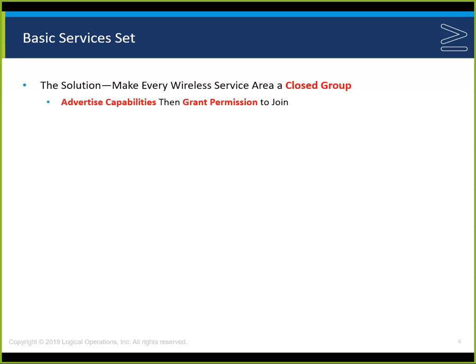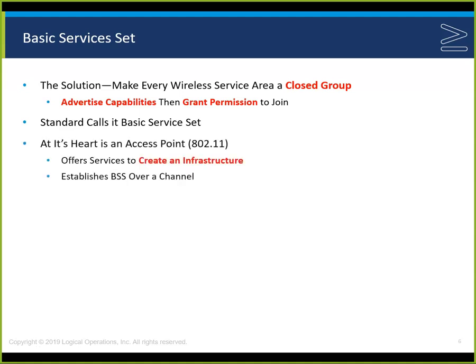The solution, not the first solution, but the basic service set, is to make every wireless area a closed group. We're going to advertise the capabilities, and we're going to grant permissions. And that's what we do with these things. The standard calls it a basic service set. At its heart, it's an access point, and that's what we're going to call an access point or a wireless router.